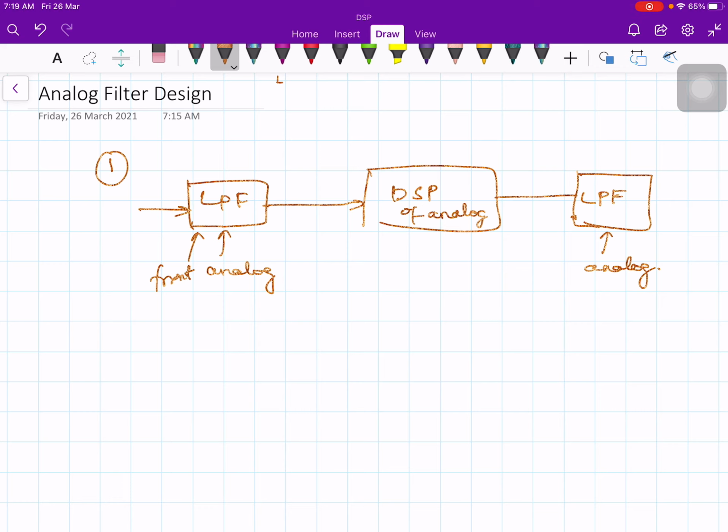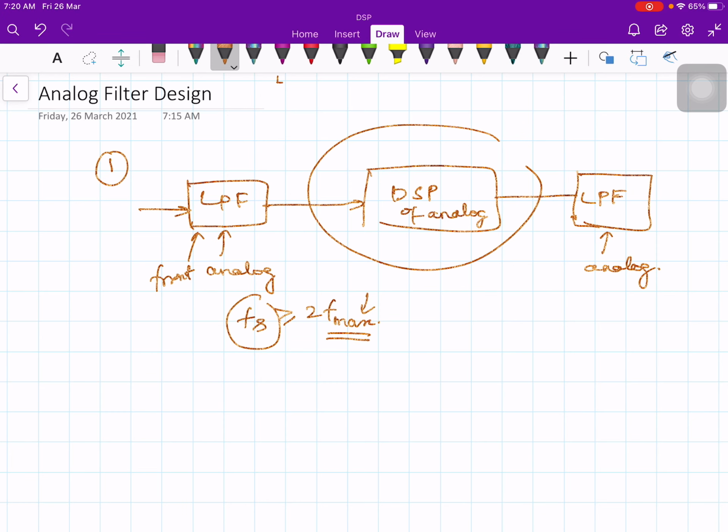You recall from the previous lectures and from the previous course that sampling frequency must be at least twice the highest frequency content of your input signal. So this low pass filter constrains the maximum frequency. It will not allow more than this f maximum, so that you can employ sampling at the in between blocks.